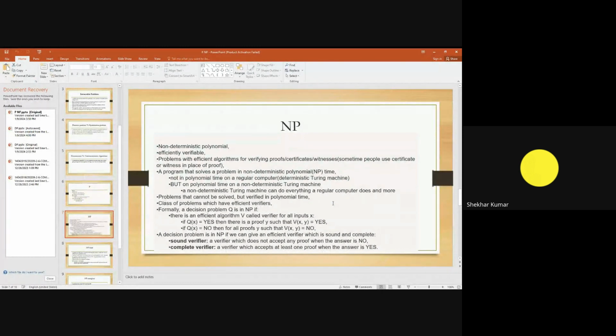For example, the Sudoku problem, in which you put the numbers 0 to 9 in a box.